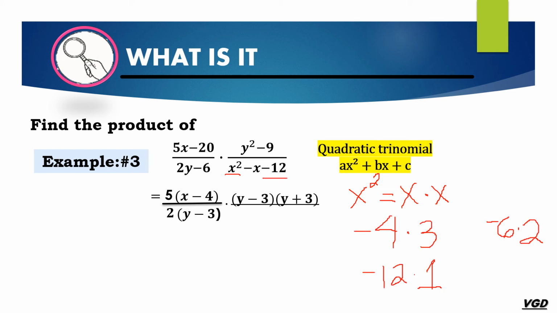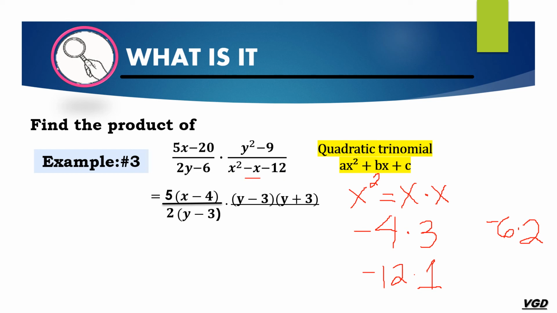So we have here the list of numbers in which we can get the product of negative 12: negative 4 times 3, negative 12 times 1, negative 6 times 2. But take note, we need to choose the pair which will result to negative 1 or the middle term.